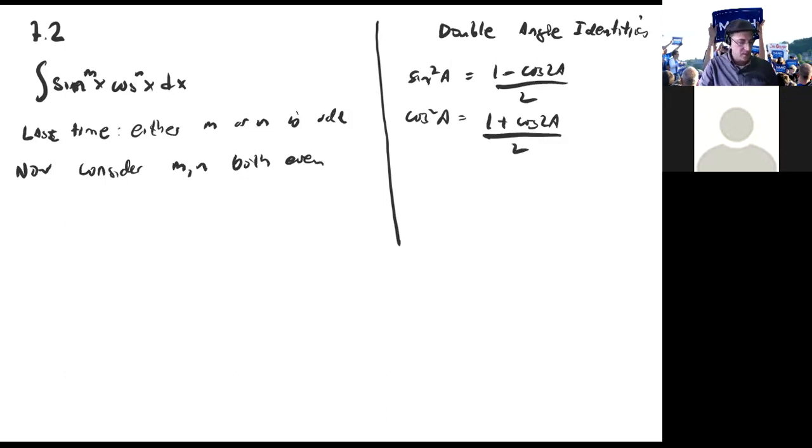So these identities are extremely useful, as we'll see in a moment, so let's consider an example. The integral of the square of the sine function of x dx. Let's see how we can do that. Now the idea is to simply apply this identity here to replace sine squared x with the thing on the right-hand side.